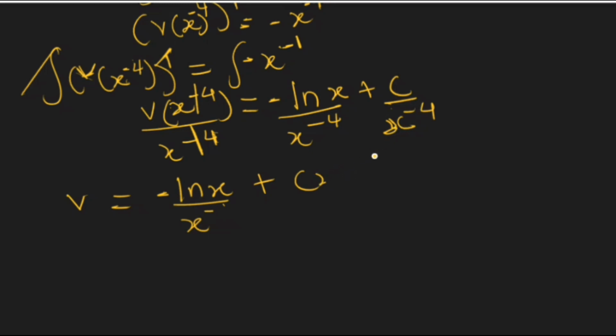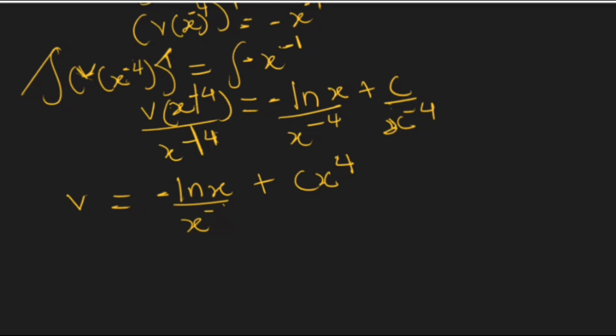So I have c x to the power 4. At this point, I'm done and my equation is in v, but that's not the original equation.